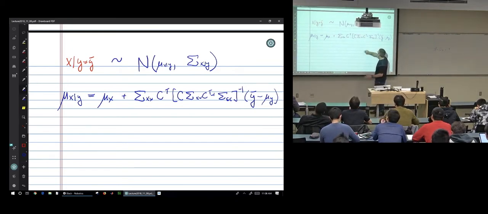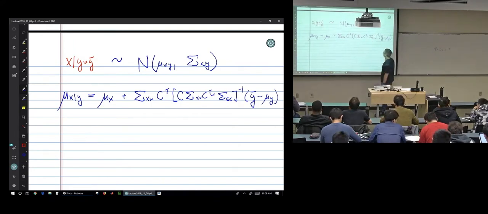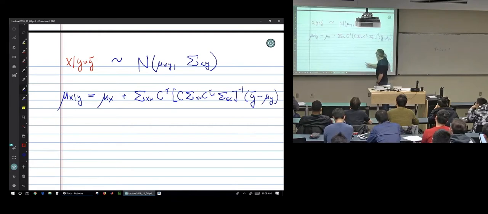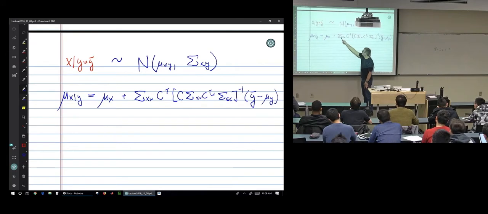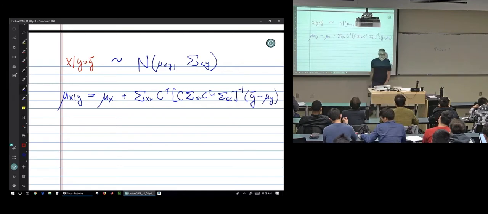So if x and y are uncorrelated, then this thing would be the information matrix of y. If y is very, very noisy, then this is very small. And if y is very clean, then this is very big, and we're going to really take that information and make a big change with x. And then it's scaled by how x and y are correlated. So this is sigma xy, that's the correlation.